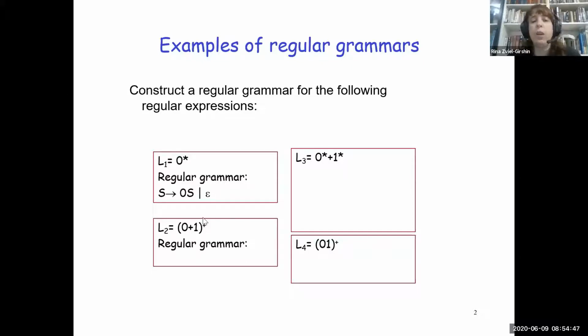Okay, now language L2, I will give you a moment to think about the grammar. 0 or 1, but please pay attention. We're talking about positive closure, plus. Therefore, an empty word does not belong to the language.